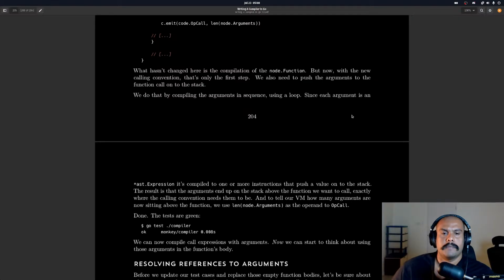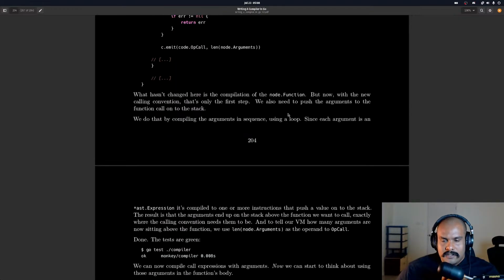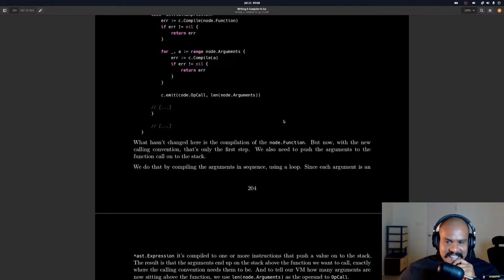We do that by compiling the arguments in sequence. Ah, right. I missed that step. I just assumed it's a constant, so it gets added onto the stack willy-nilly. Okay, so you gotta do that too.